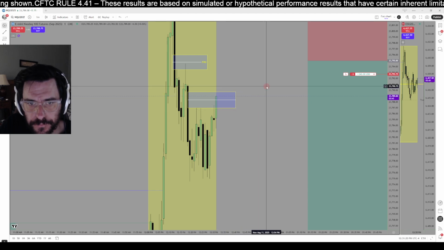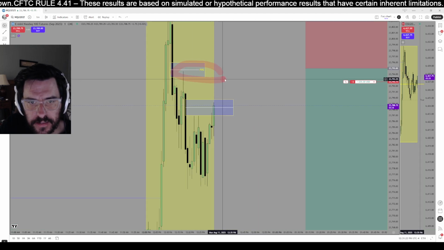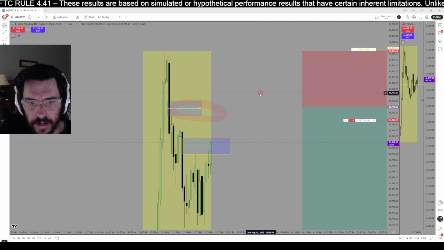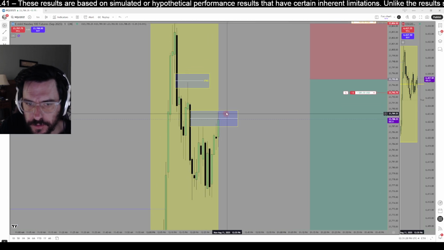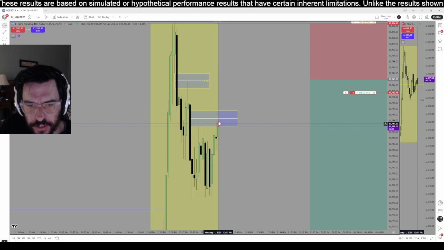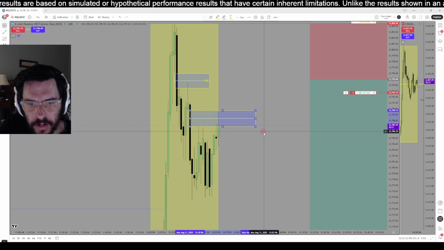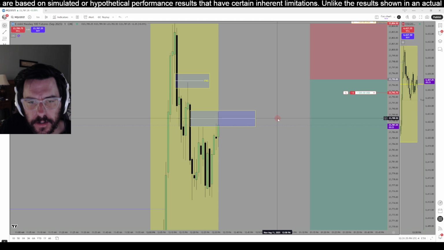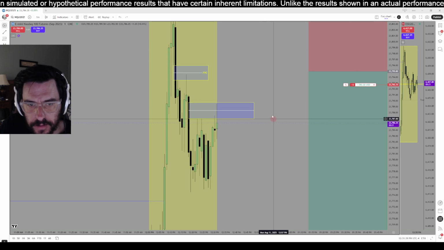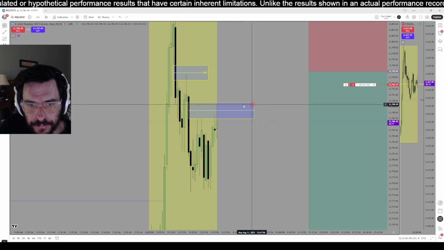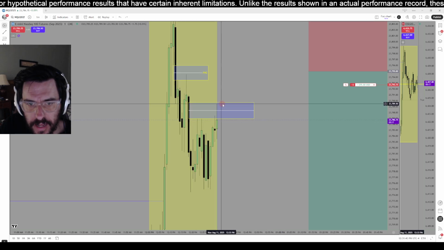Added another short. I'm looking at this area to be guarded. Okay. Really guarded. I'm not looking for this candle to be closing above. It's just going to create this little mohawk. Okay. This little mohawk. There you go. And that was a nice little area. So it's allowing one more time.